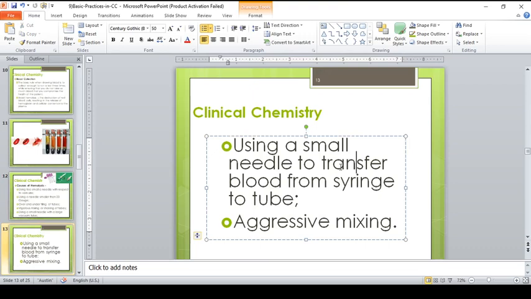Okay, using a small needle to transfer blood from syringe to tube. So this is especially common. This type of hemolysis is common if you use a needle to extract blood. If you use a syringe to extract blood, and then you transfer that into an evacuated tube by just puncturing the tube.